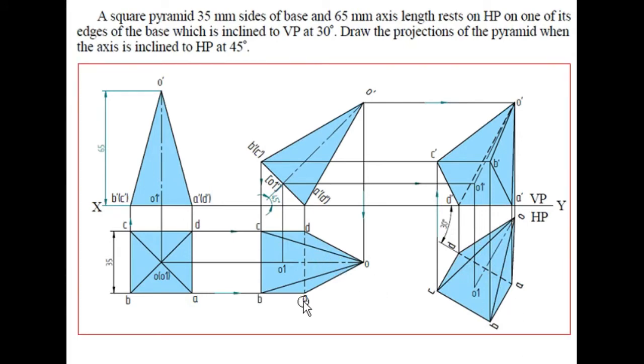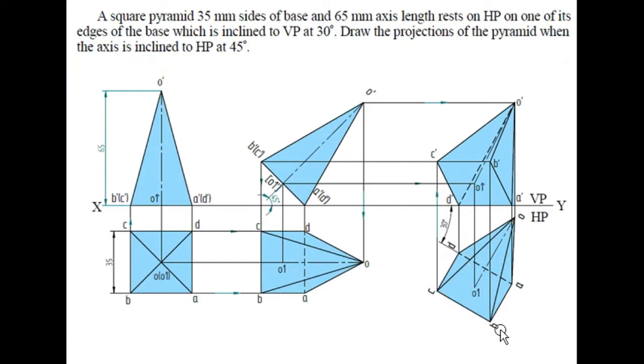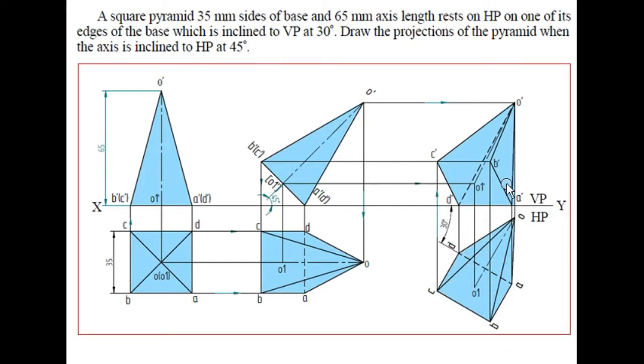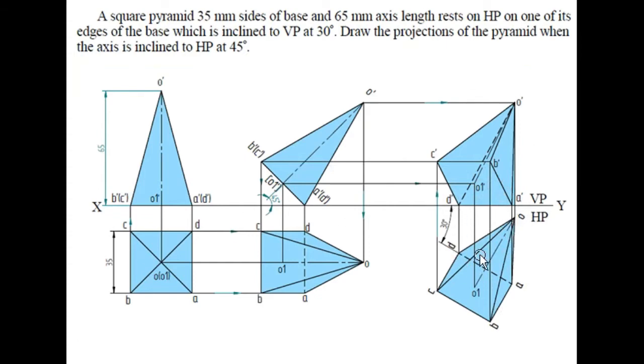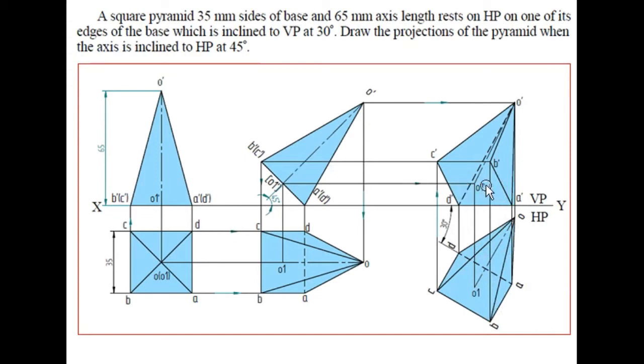Next, once again the projection lines will be projected upwards from C to C dash, B to B dash, A to A dash, next D to D dash, O to O dash, and O1 to O1 dash. We have to mark the intersection points we will be getting.